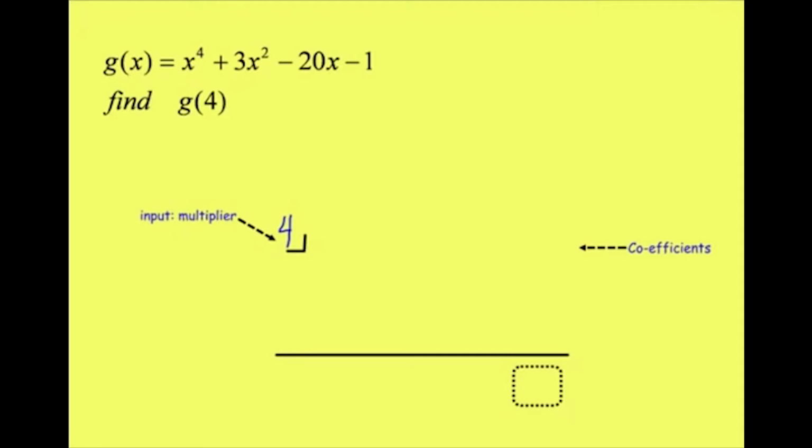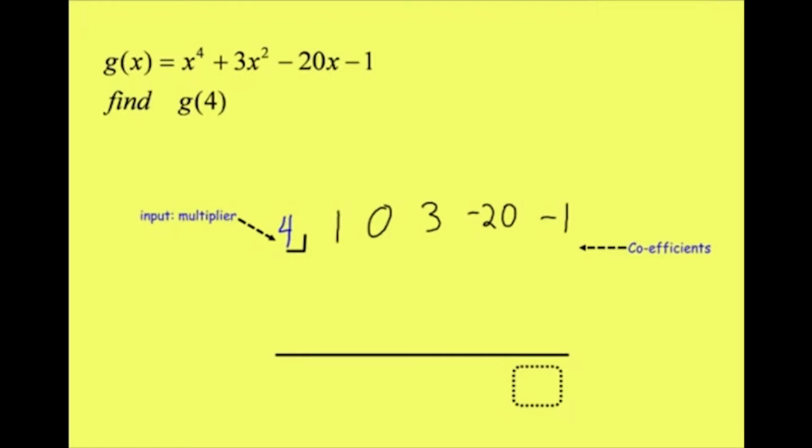So on this particular problem, every time we say we're going to multiply, it's times 4. As we write down our coefficients, I have 1x to the 4th. And then the next question is, how many x cubes do we have? Well, there aren't any x cubes present, so we need to fill that space with a 0. 3x squareds, negative 20x's, and negative 1.